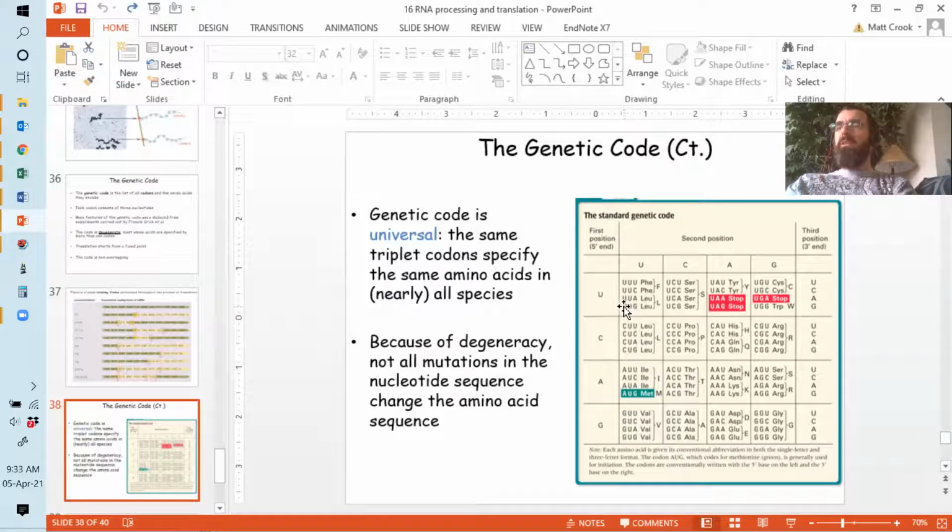Leucine is encoded potentially by 6 different codons. But the tRNA that carries leucine and has an anticodon of GAC, which recognizes CUG, is not going to enter the ribosome and bind when you have a UUA or UUG in the A site, right?